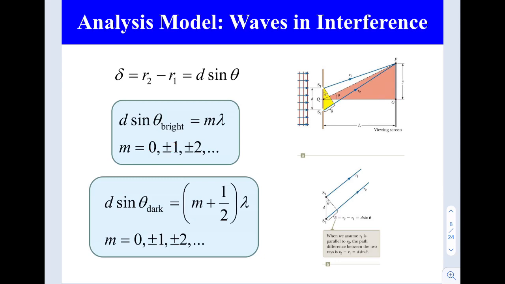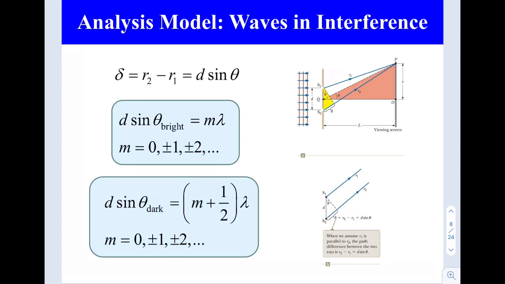When the order is positive 1, it means the first order to the top of the viewing screen. If it is negative 1, it means the first order of bright fringe below, or to the bottom part of the viewing screen, and so on.